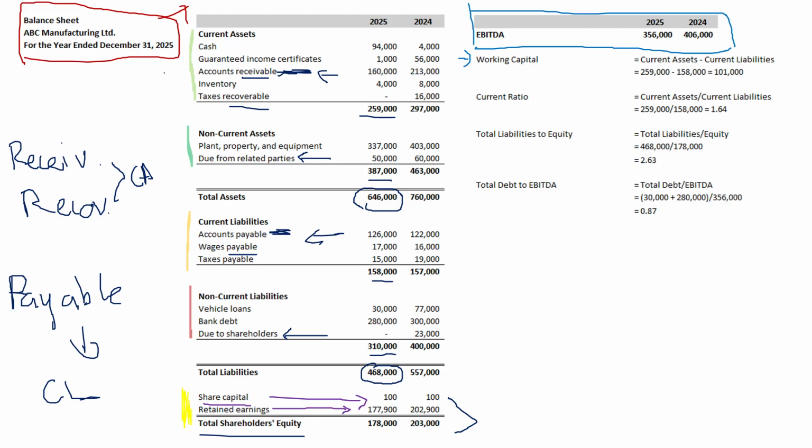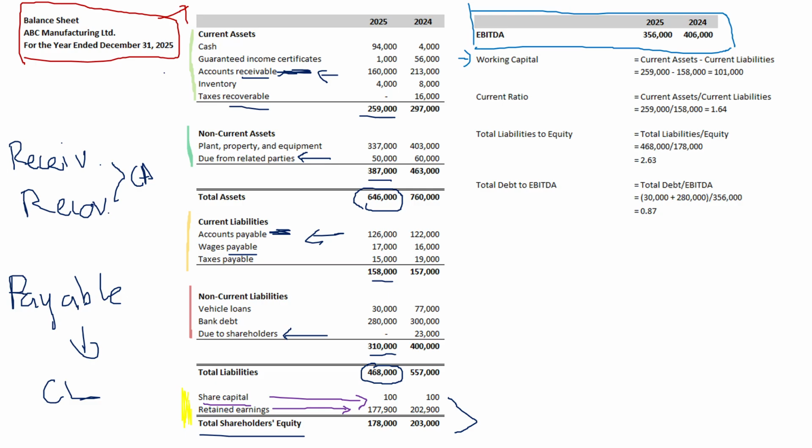Let's say the working capital is positive. It means that the company has extra current assets to cover all of their current liabilities. So all the stuff that's due within 12 months, they have sufficient assets that can be liquidated or turned into cash within 12 months. As long as that number is positive, they are good to go.